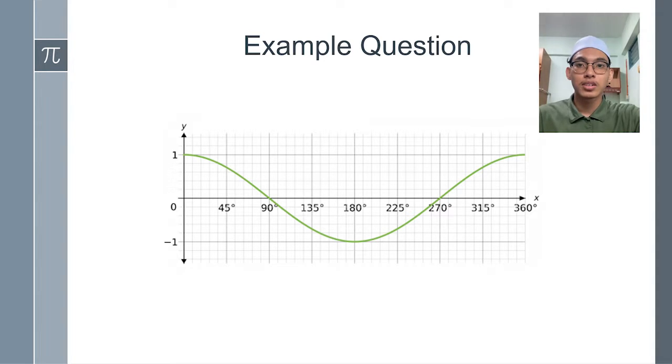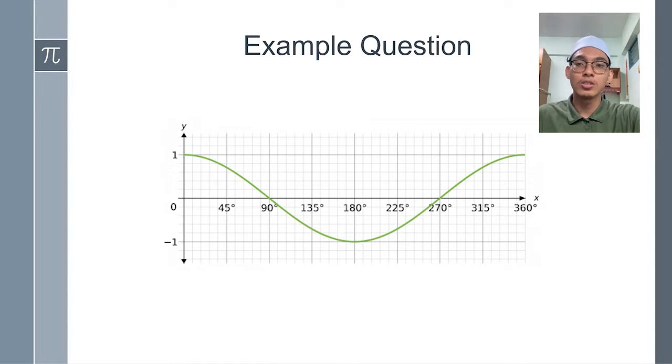The graph crosses the axis at 90 degrees and 270 degrees.